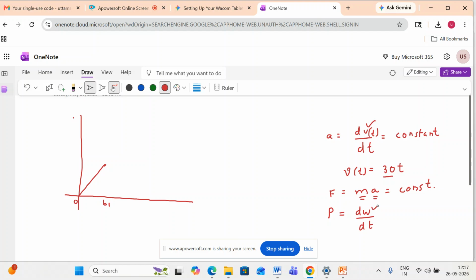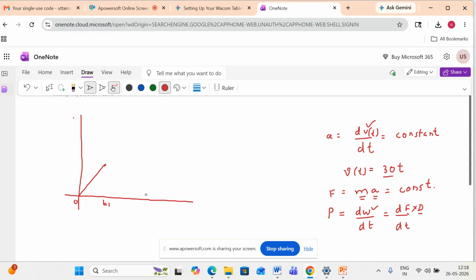Now the work done is basically given by force into distance, with respect to dt. We can see that the work done is force into distance, so it is also linearly increasing.